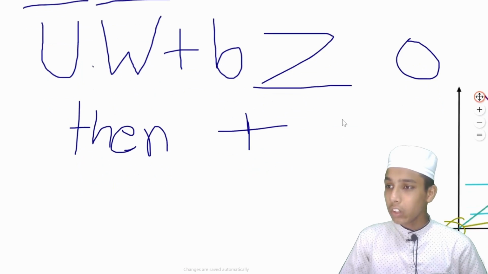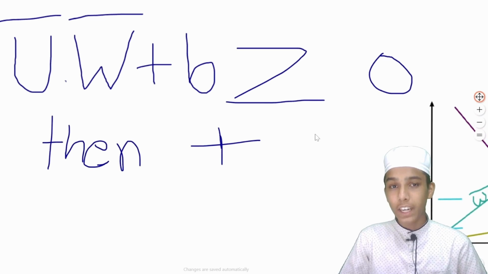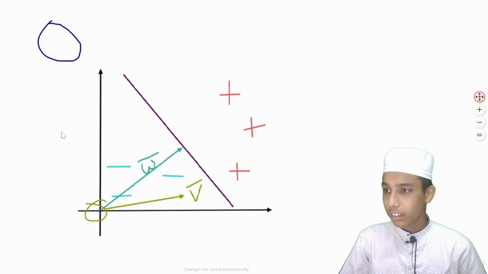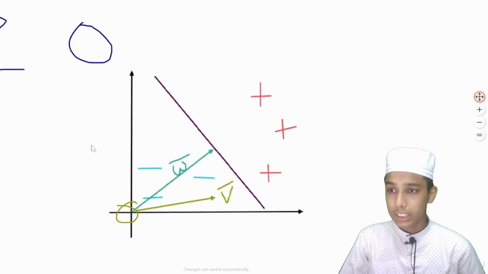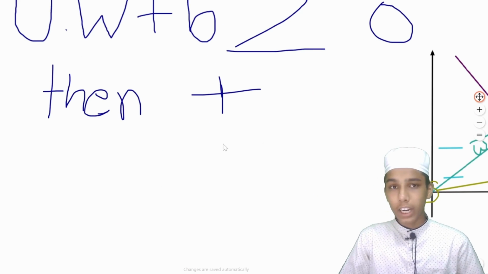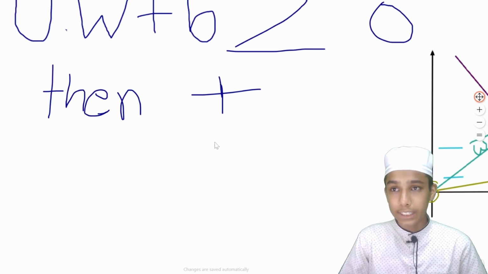But we are relatively confident that it's not going to be that case, because if you look at this decision boundary, we are able to say that this is not going to be in the plus. Then we have another option, and that is that it's going to be in the minus, right?